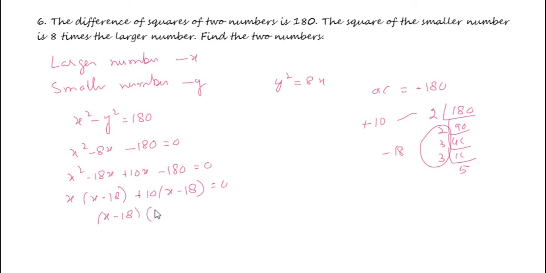What is remaining is x plus 10, that is equal to 0. x minus 18 equal to 0, therefore x equal to 18. x plus 10 equal to 0, therefore x equal to minus 10.